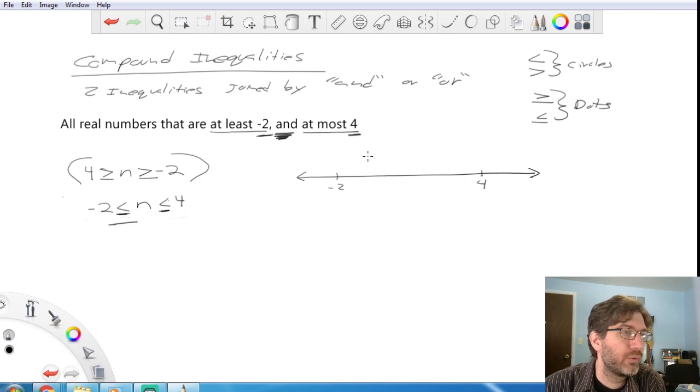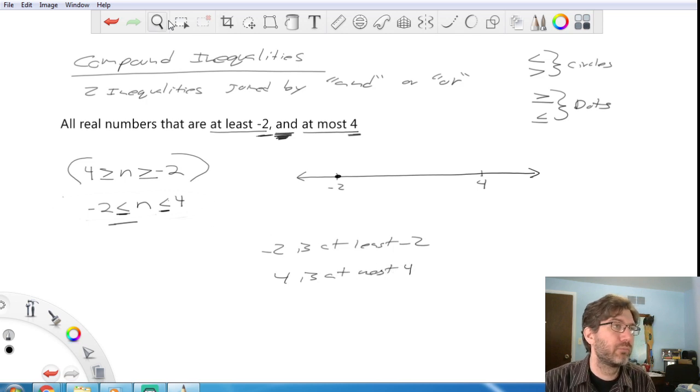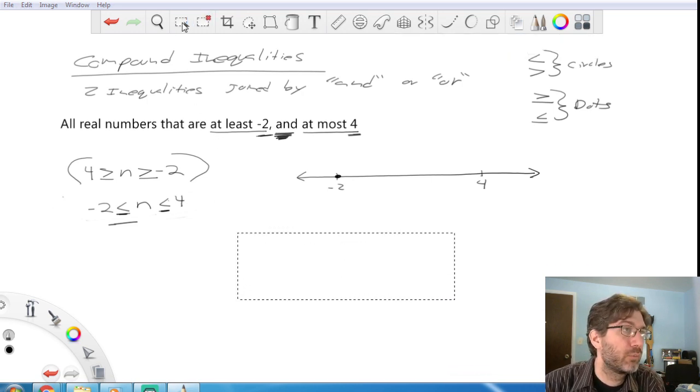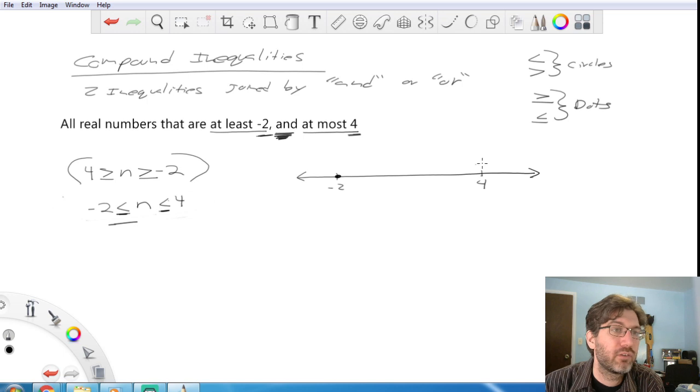So this is going to be a dot because -2 is at least -2. And 4 is at most 4. So those fit those criteria. So they are going to both be dots because they're going to have these lines under them.